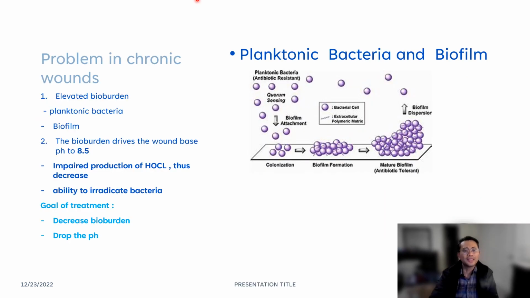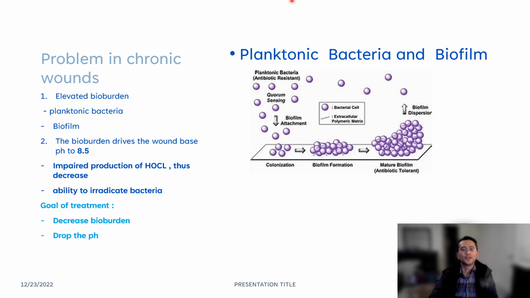So, what is really the problem in chronic wounds? Chronic wounds have a high level of bioburden. We have the planktonic bacteria, and we also have the bacteria which are attached to the surface in biofilm. The bioburden drives the wound base to a high pH of 8.5.